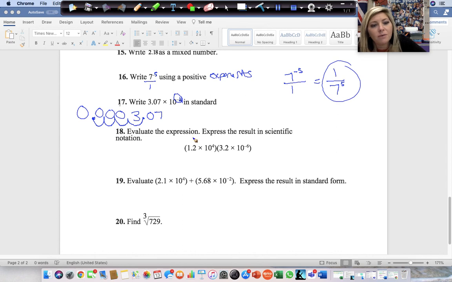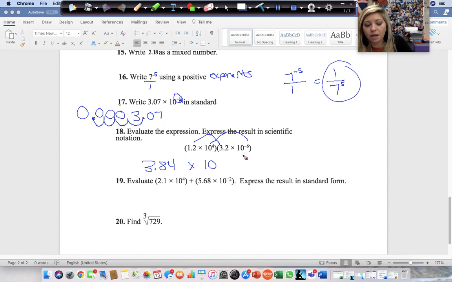Okay? Evaluate the expression. Express the result in scientific notation. Okay, so this is multiplication. So you can use your calculator. 1.2 times 3.2 is 3 and 84 hundredths times 10 to the, remember when we are multiplying exponents with the same base, we add our exponents.